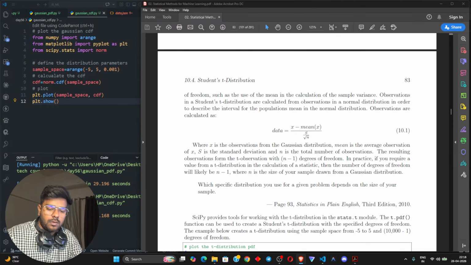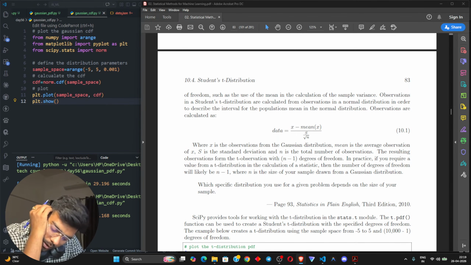Mean in the normal distribution. Observations are calculated as s upon root n.